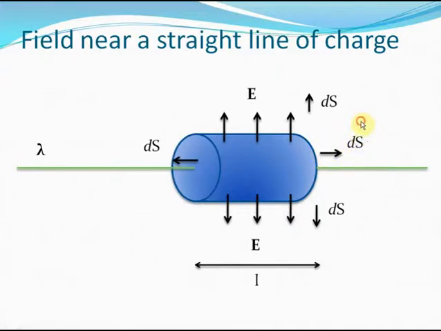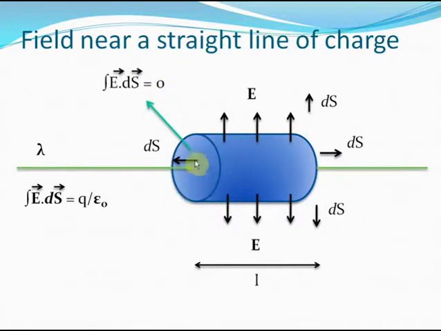What this means is that when you apply Gauss's law for this cylindrical Gaussian surface, and when you say that integral E dot ds is q by epsilon naught, the net flux passing through these two surfaces, the sides of the cylinder, will be 0, isn't it? After all, E and ds will be perpendicular for these two sides. For the curved surface, however, the net flux will not be 0, because the electric field is parallel to the area vector.